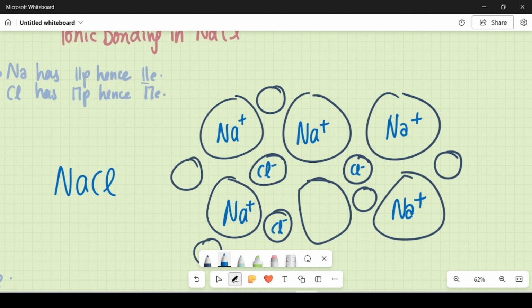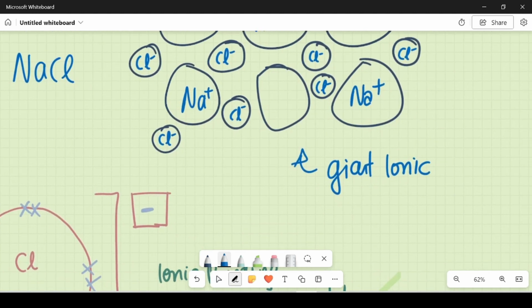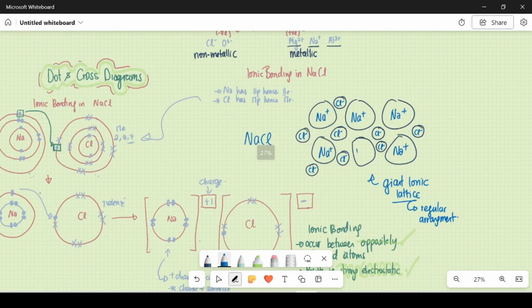Our electron, oh, I was going to say electrons, sorry. That is non-metallic bonding. Apologies. There we go. So this is your giant ionic lattice. Lattice just means regular arrangement. It's regular, it's the same. Nothing very extraordinary.